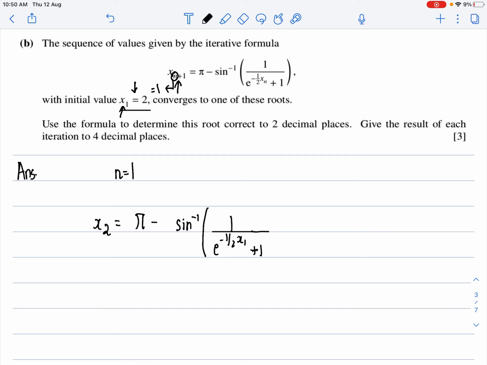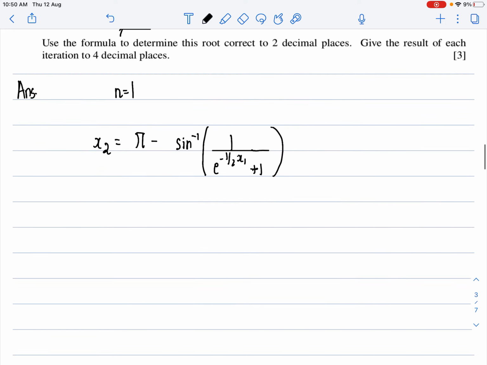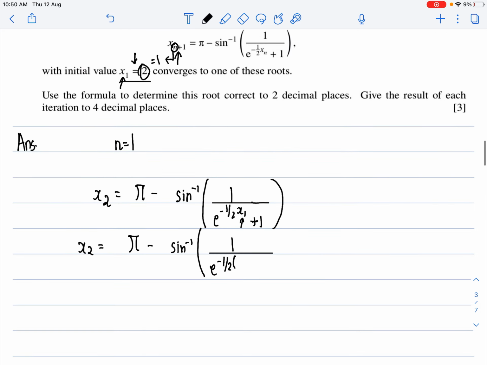So I can write this as x2 equals pi minus sine inverse of 1 over e raised to minus half, multiplied by the x1 value, which we have here as 2, plus 1.